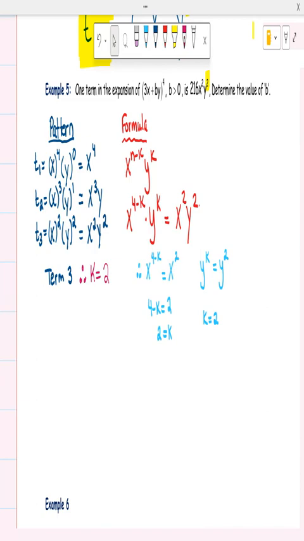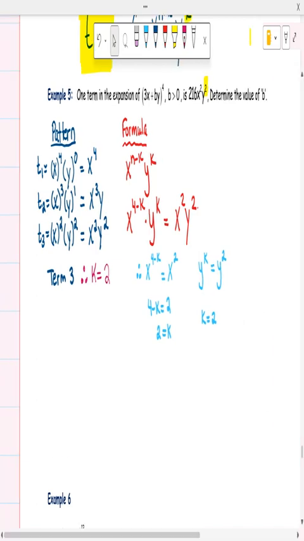Because like I said, if you can't get k, the worst case scenario, if you were having a really, really bad day and you had to use up all your chances, the most you would have to use it is 5 times. You guys agree? Because this only has 5 terms. Okay, worst case scenario, you use the binomial theorem 5 times, and you finally get the term that has an x squared, y squared. Okay, that is not what I would hope you would have to do, but that is the worst case scenario. So now we have everything we need, right?